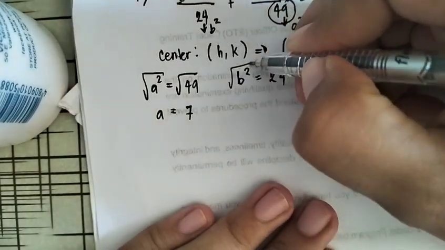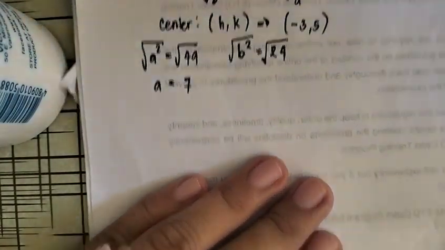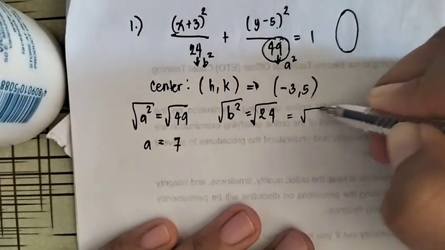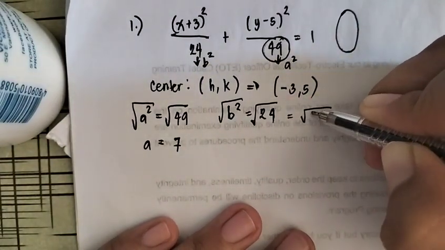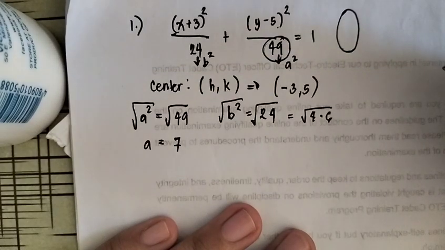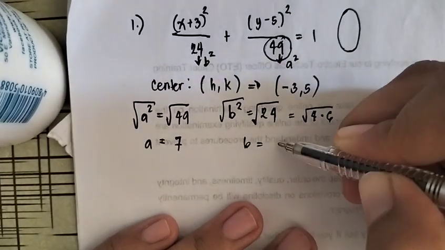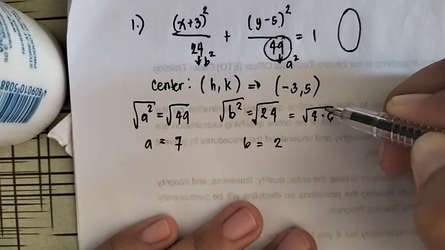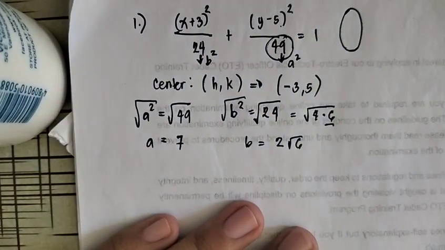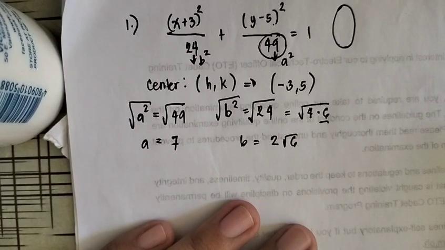Square root of 24, dili siya perfect square, pero kaya na. 24 is 4 times 6. So, square root of 4 is 2, and naa sa sulod square root of 6. So, b is 2 square root of 6.